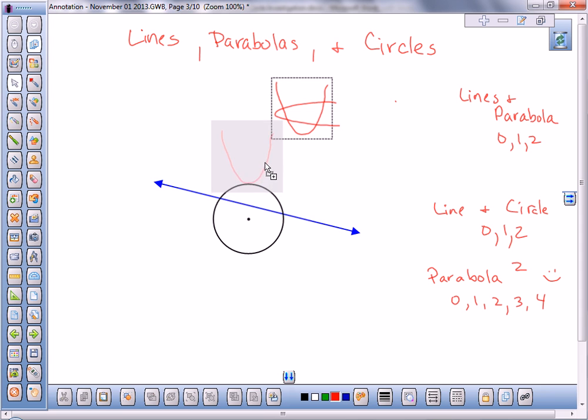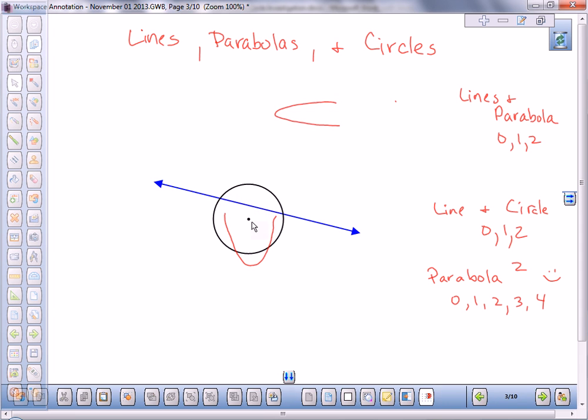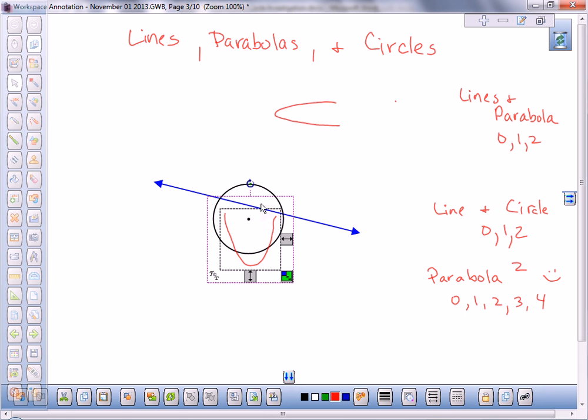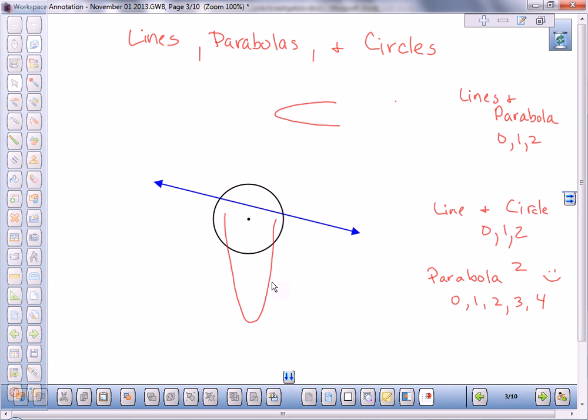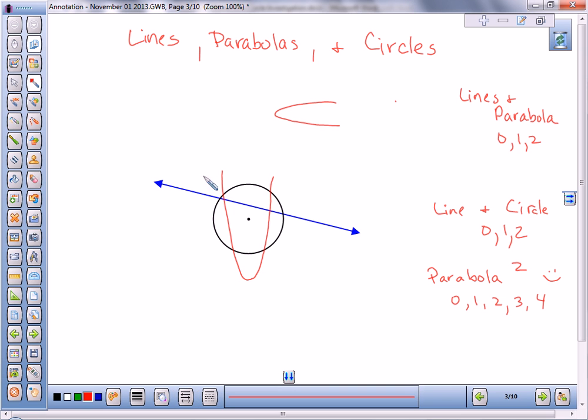Oh, hold on, let me stretch it. Vertical stretch, 4. Very good. So a circle and a parabola could have between 0 and 4.